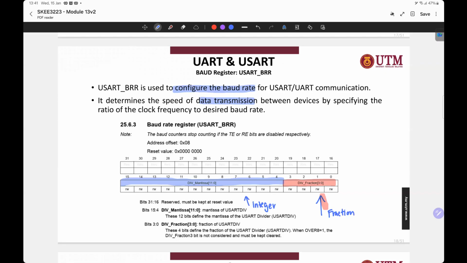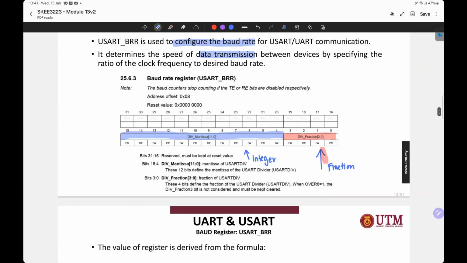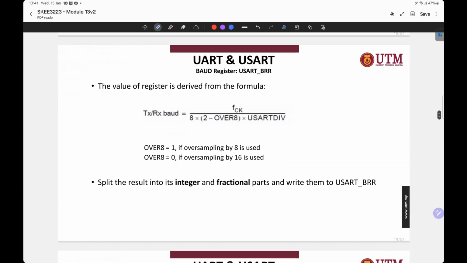Okay, so how to do the calculation? You need to use this formula. The formula says that the transmitter receiver baud equals f clock, the speed of the processor, divided by 8 times (2 minus over 8) times USARTDIV. The USARTDIV is the baud rate.